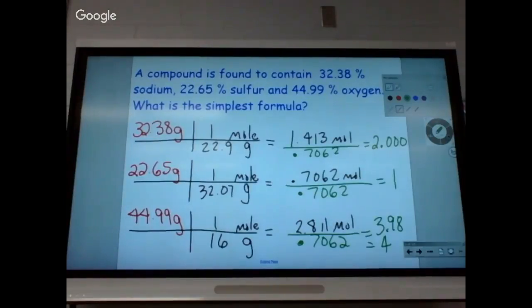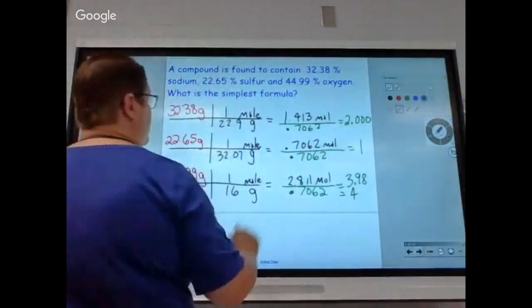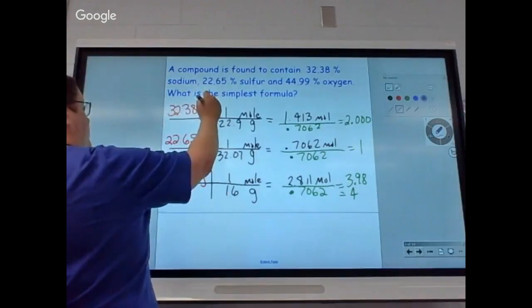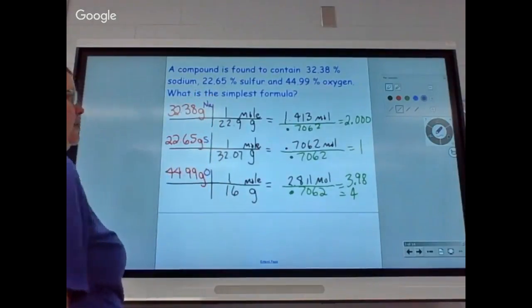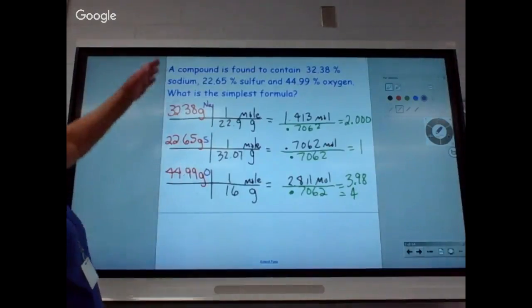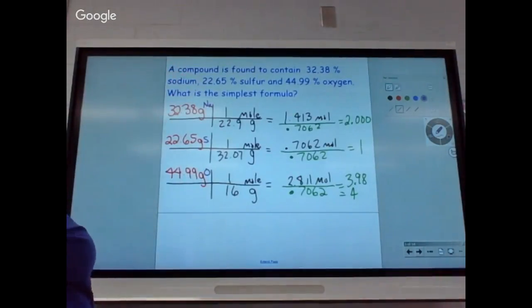All right, so the last step is to write the formula. So, what element was here? Well, Ms. Wall didn't do a very good job writing the elements down. This was Na, this was S, and that was O, because I didn't write them down initially. I just put them in the same order. Typically when you do a problem like this, they put the elements in the order in the question that they go in the formula, so you won't have to figure that out.